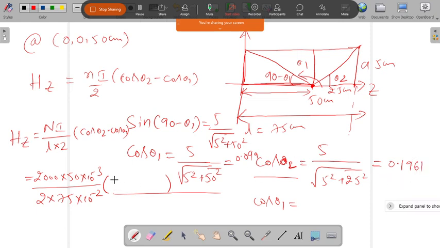So that is cos theta 2, it is 0.1961 minus 0.0099. So we will get Hz which is equal to this value. So find out Hz, what is the value?